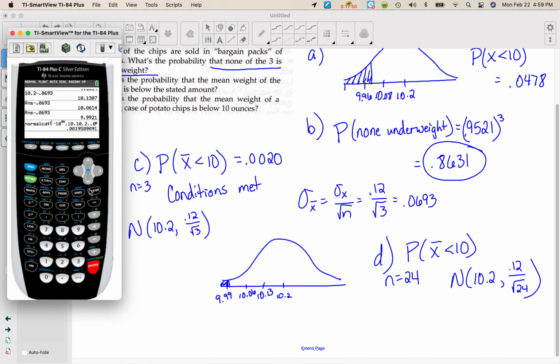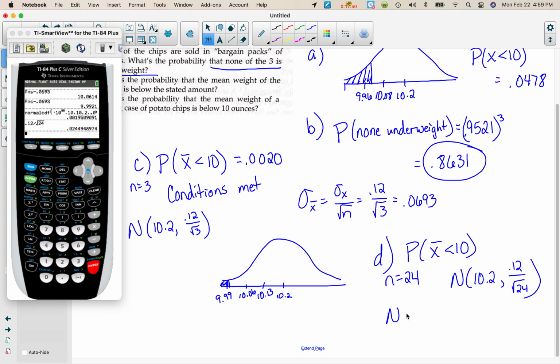So if we calculate that, 0.12 divided by the square root of 24, I get a normal model, mean of 10.2, standard deviation of 0.0245. And I'm not going to draw the whole picture out again. I'm just going to calculate this.